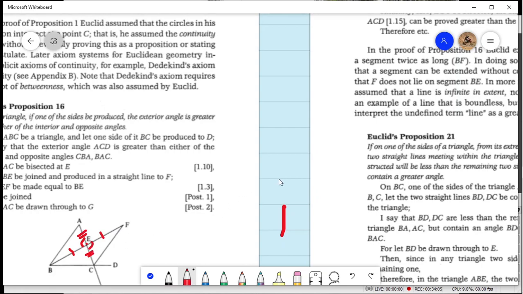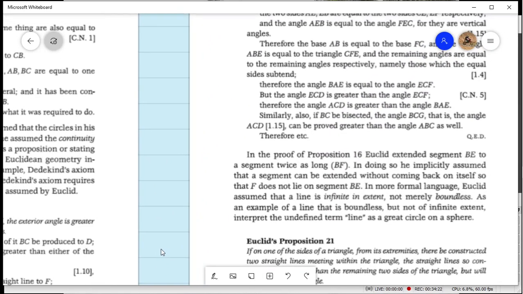Vertical angles are congruent by proposition 15. Hence, we have by SAS congruence, triangle ABE should be congruent to triangle CFE by SAS congruence.